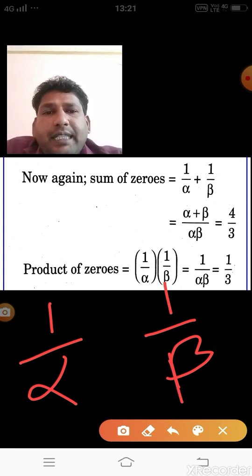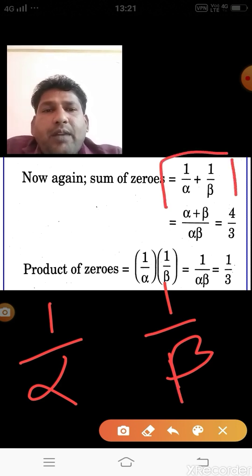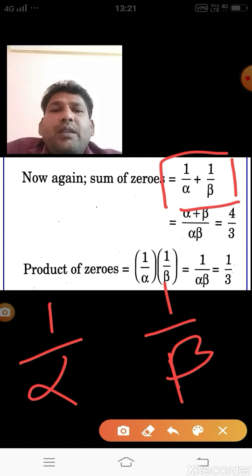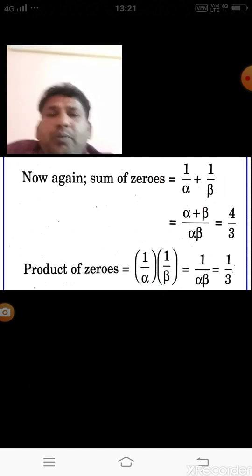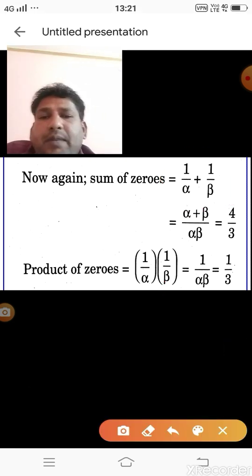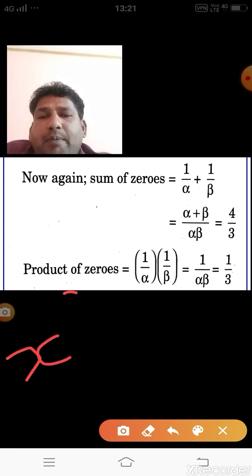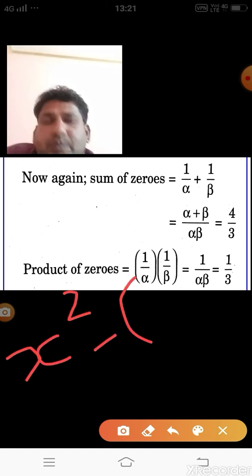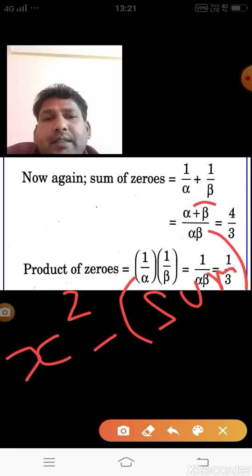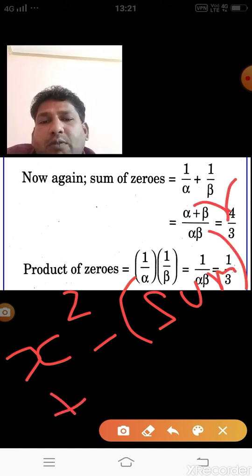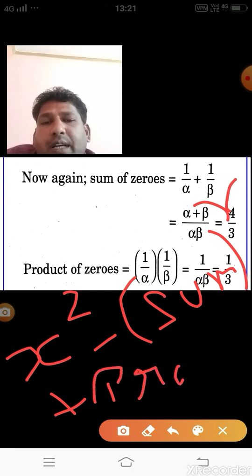Then here we are taking the sum of 1 upon alpha and 1 upon beta. For forming a quadratic polynomial, we know the quadratic polynomial is x square minus sum of zeros into x plus product of zeros. This we have to remember when we are forming the quadratic polynomial.